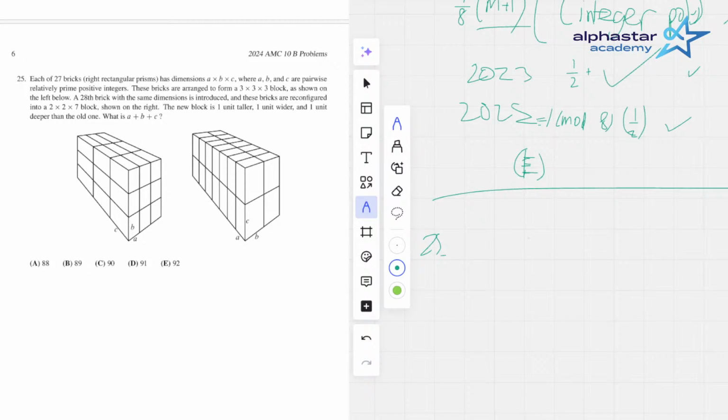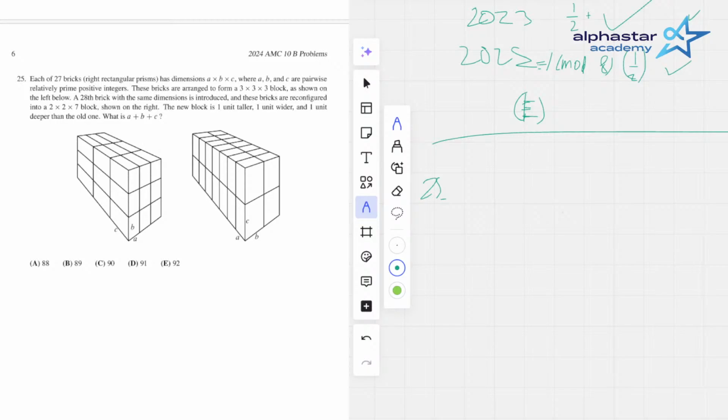And 2 by 2 by 7 block. One unit deeper. This is just a system of equations, right?